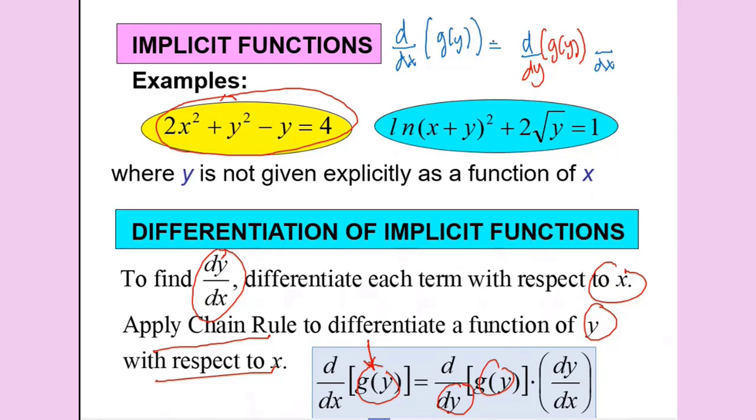Now, because you created dy, you need to get rid of dy, so it cancels and you still get the same thing. It is just an adjustment. Differentiate this function consisting of y with respect to y, then times dy over dx. So it becomes the chain rule.